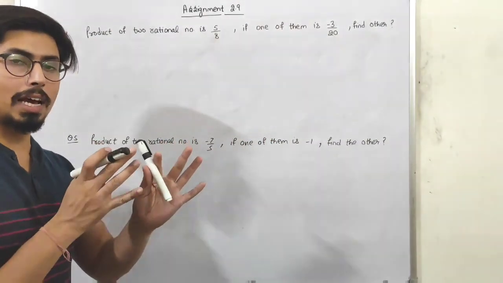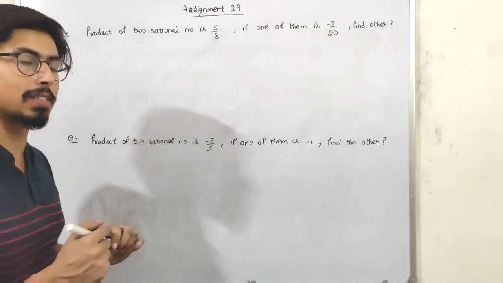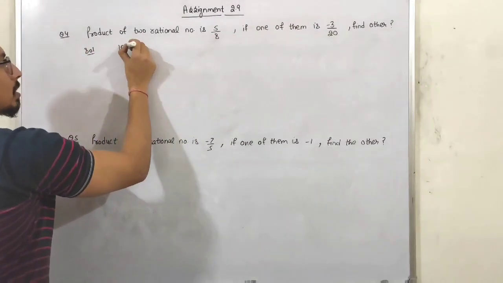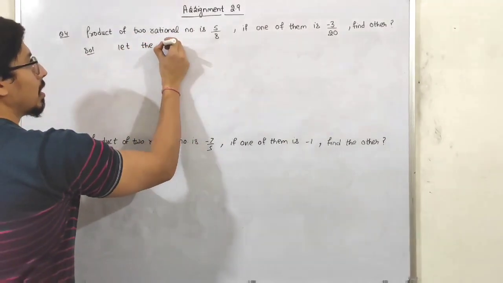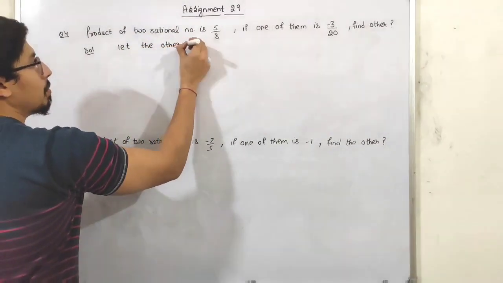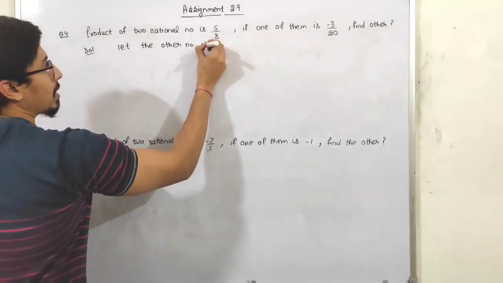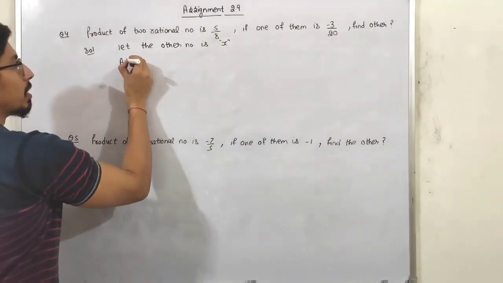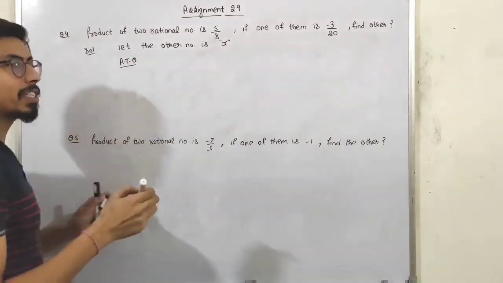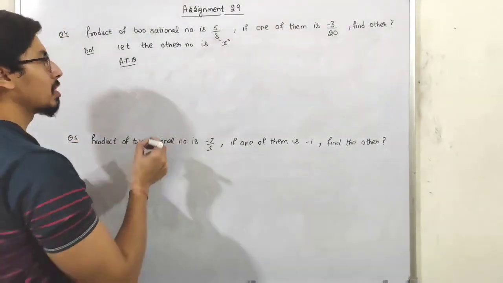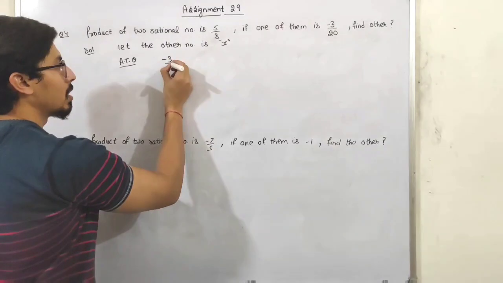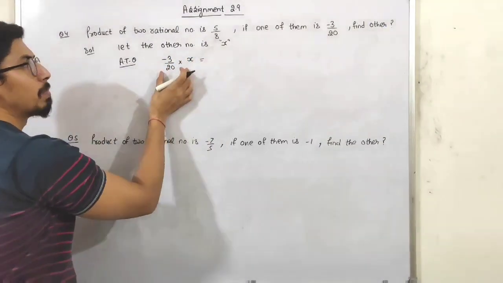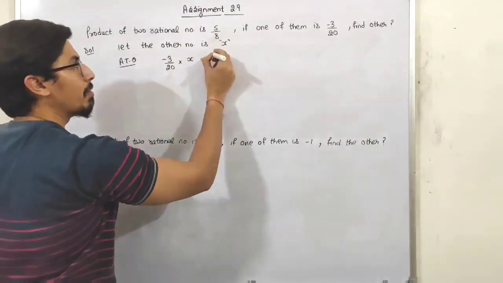So just assume that the second one is x. So let the other number be x. Okay, students. So according to the question, if I multiply the first rational number with the second rational number, we get 5 by 8.